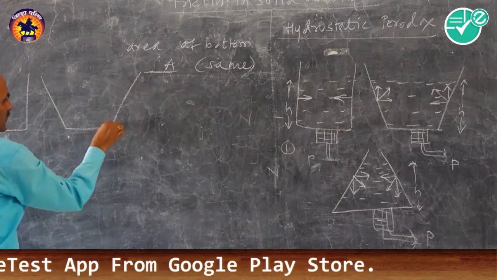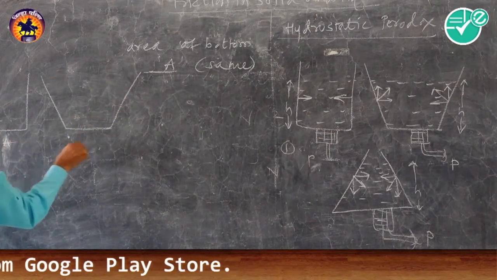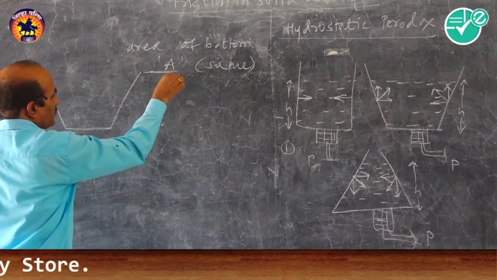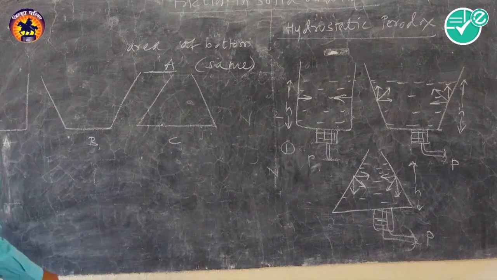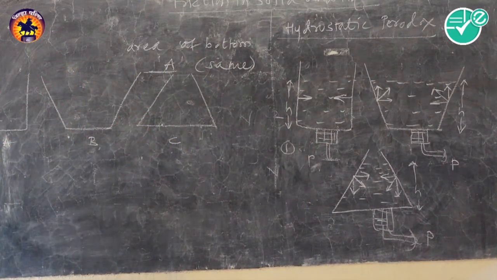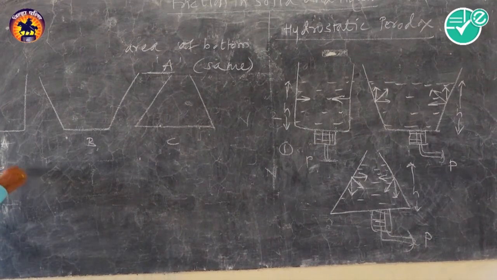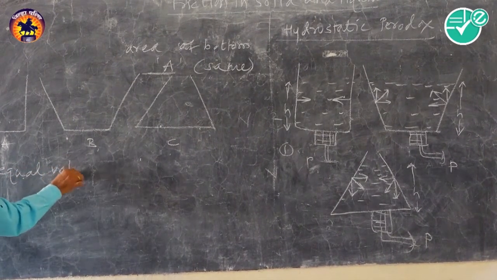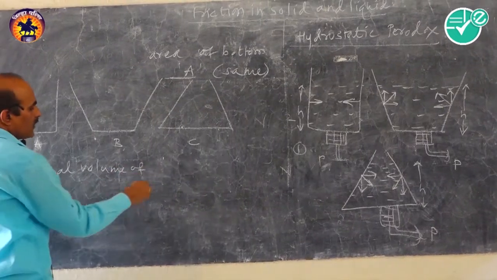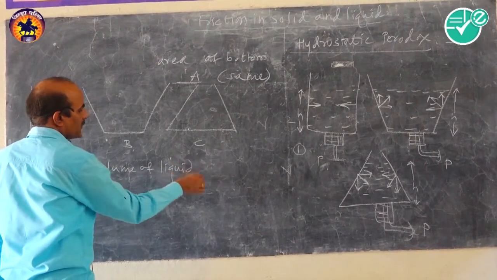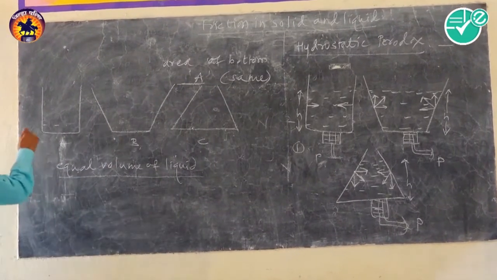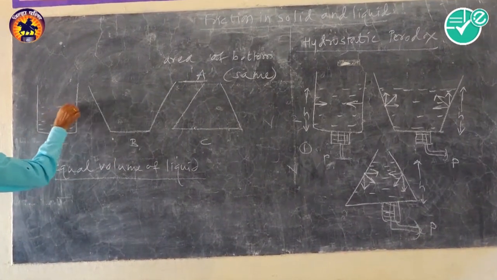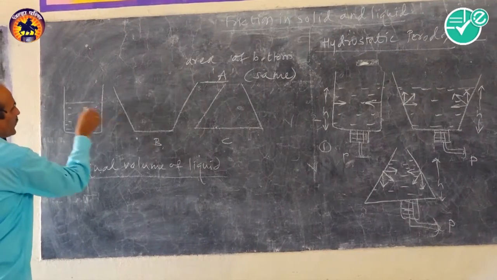This is suppose A, this is B, and again this is the third vessel, C, having the same area at the bottom, but we fill the equal volume of liquid in it. So if you fill the equal volume of liquid, the figure is like this.